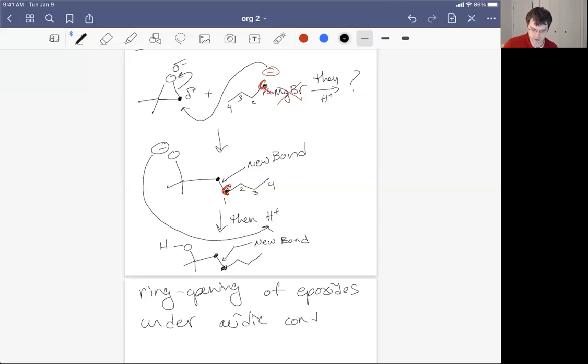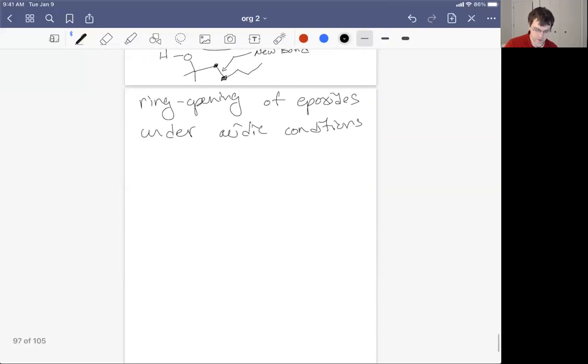So these are ring opening reactions under acidic conditions. And I again want to start with the question of what's the nucleophile? What's the nucleophile? So the nucleophile is typically often an alcohol. It could be other things.